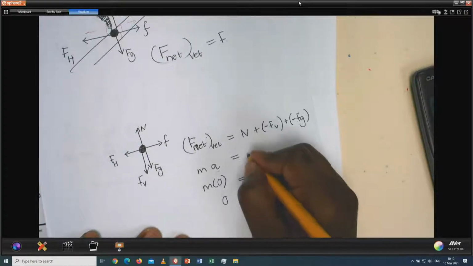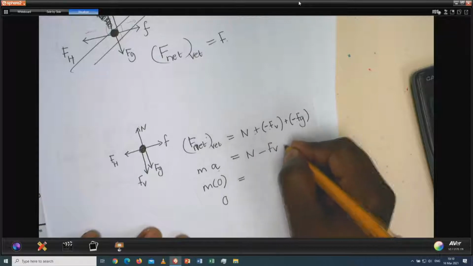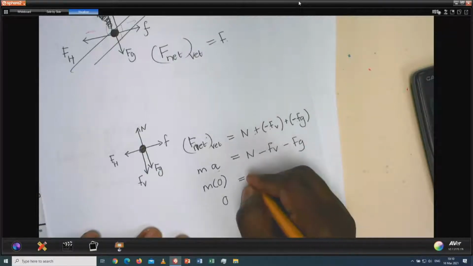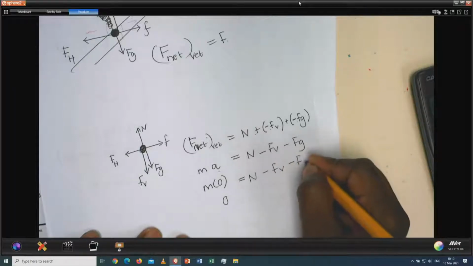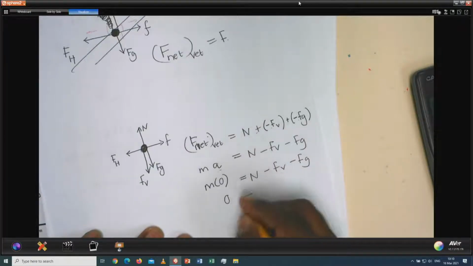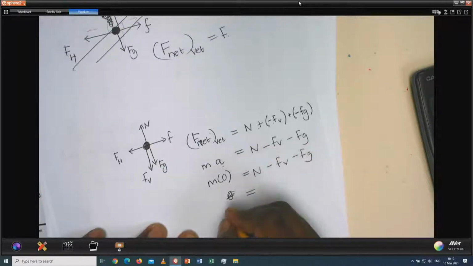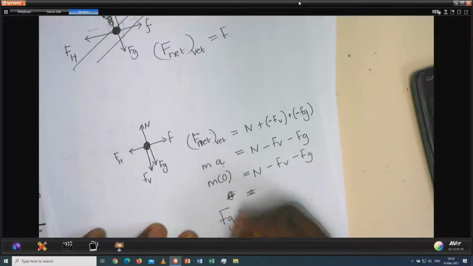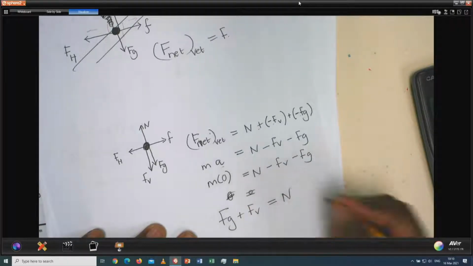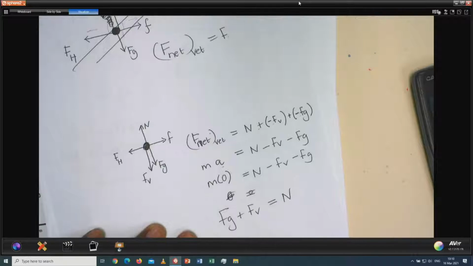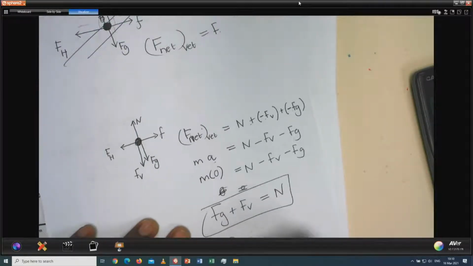Then if we just bring this one down, and let's just transpose. If we solve for N and we transpose, we are going to get Fg plus Fv equals the normal force. Then you use this formula.